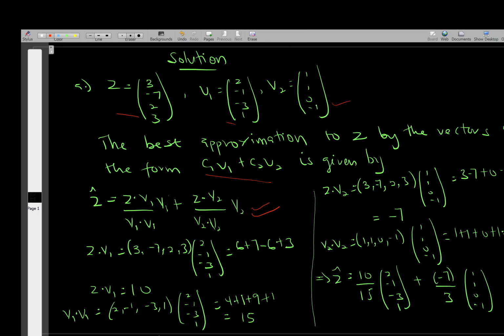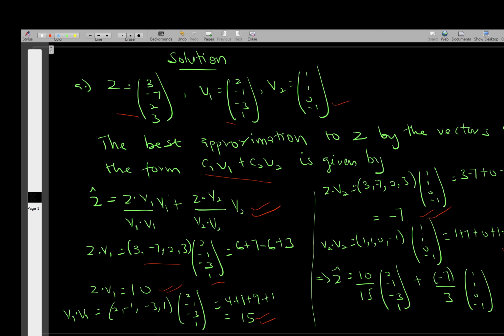So we solve for z dot v1, that's the inner product of z and v1. When you simplify this, you get 10. Then v1 dot v1, when you simplify it, that's 15. Z dot v2 gives us negative 7. Then v2 dot v2 gives us 3.